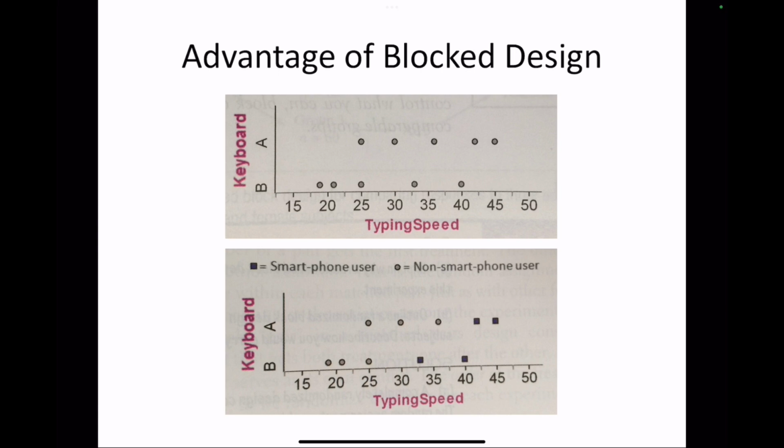And in that way, you can tell that keyboard A was clearly the better keyboard, because for the circles, the fastest on keyboard B was 25, but that was the slowest for keyboard A. And similarly, the fastest for keyboard B was 40. Well, that was even slower than the slowest for keyboard A, which was around 43 or 44. So it was useful to make a block. So think of a block as just sorting people out into different groups.